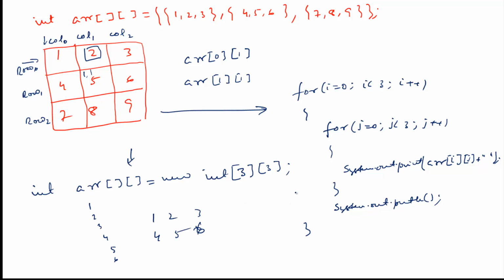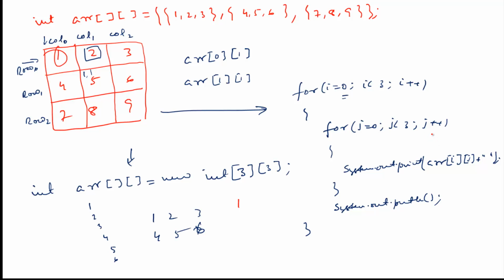So what will happen here: you see this i is 0, and j is 0, so it will print this value 1. Then i is 0 and j becomes 1, because this loop will run 3 times.